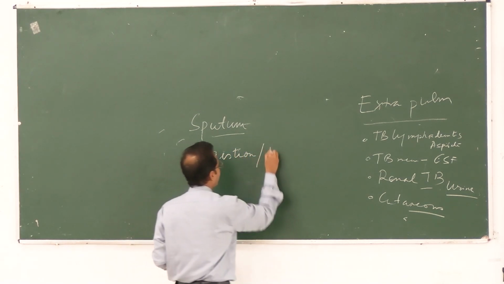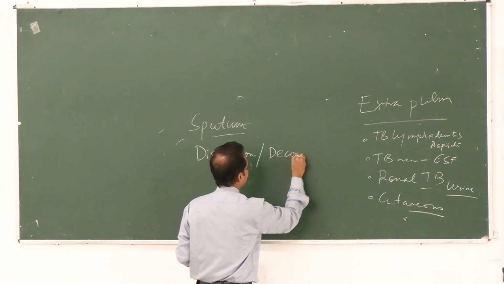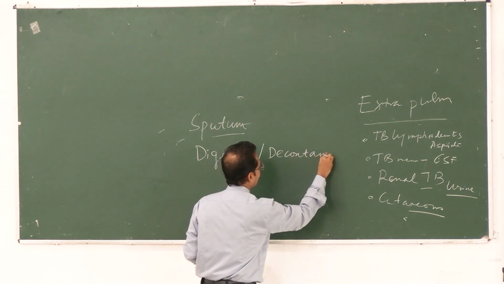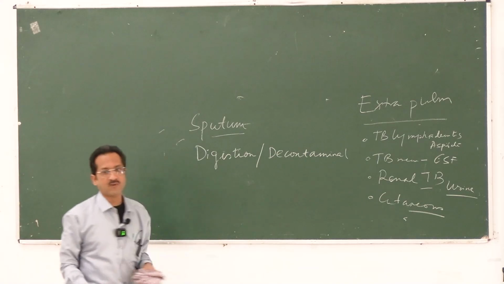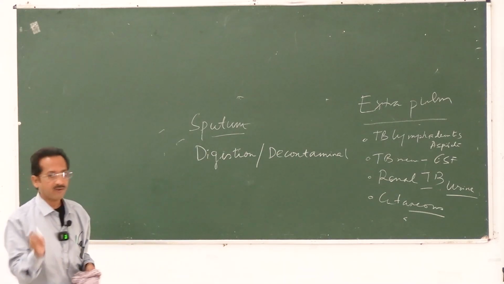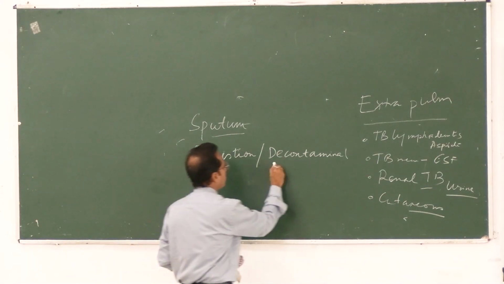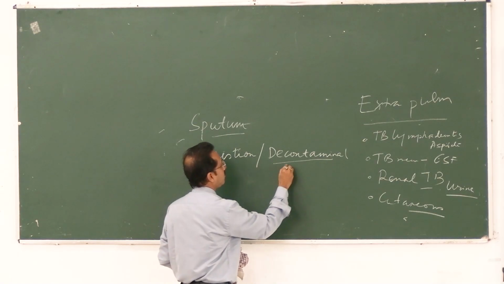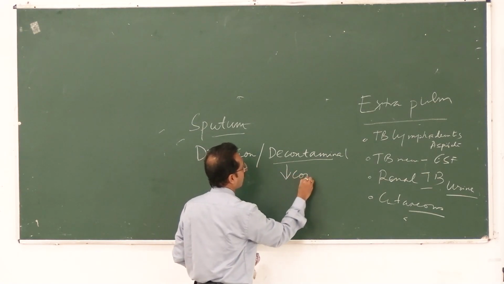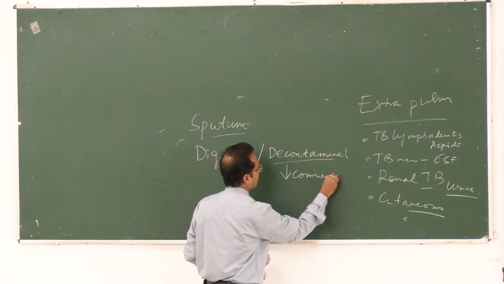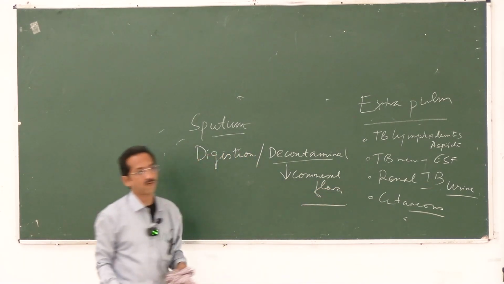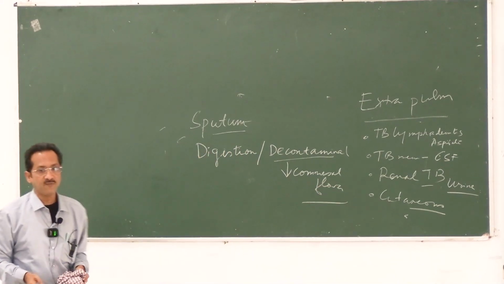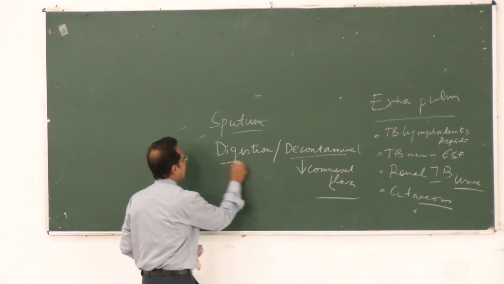Why is it required? Decontamination is to decrease or inhibit the commensal flora in the sputum. And digestion is for releasing.